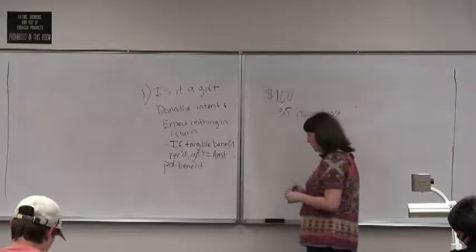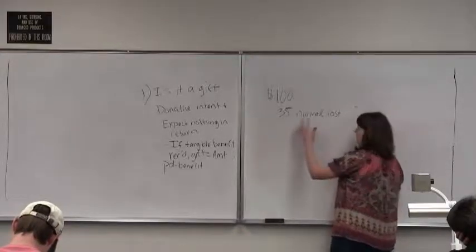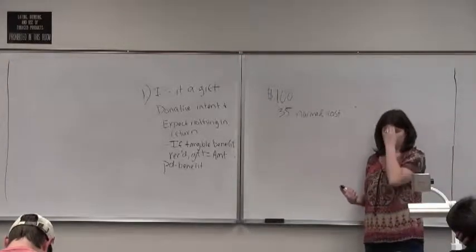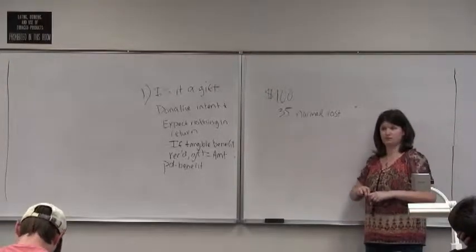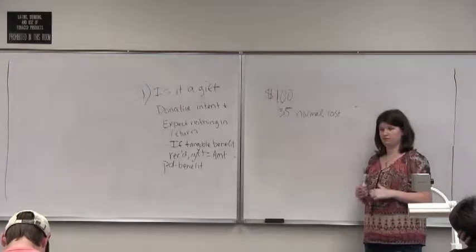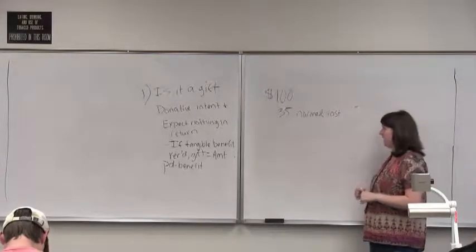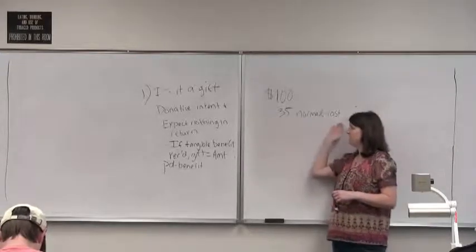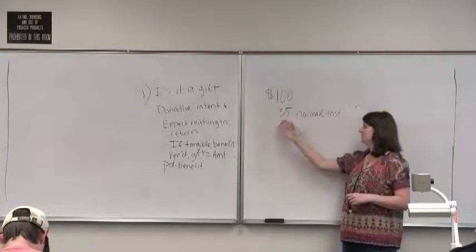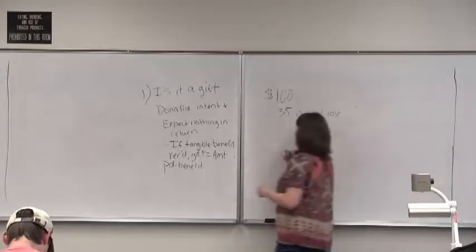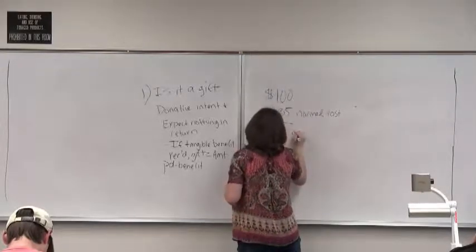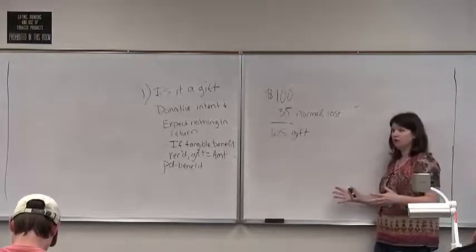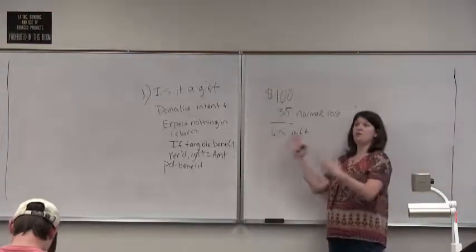So he pays $100, he gets a $35 ticket in return. How much is his gift? That's right, 65, not 100, because he is receiving something of tangible benefit, the $35 ticket. So his gift is going to be $65. Now, I'm not necessarily saying $65 is deductible. I'm just saying this is how much of a gift he has.